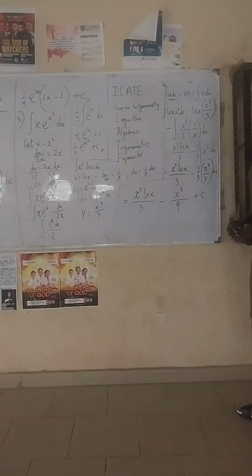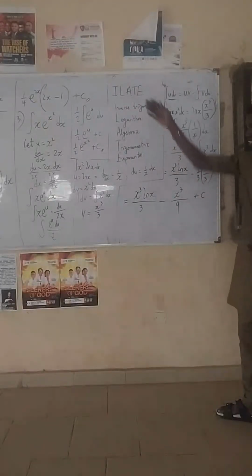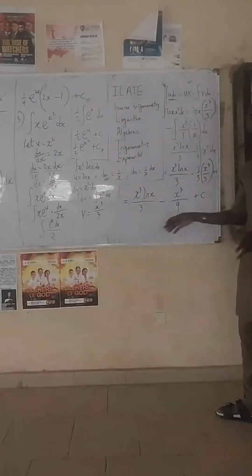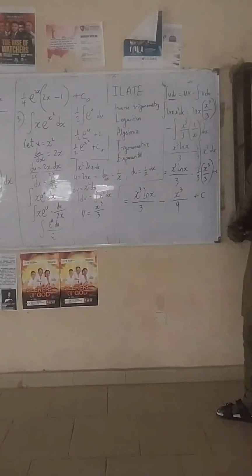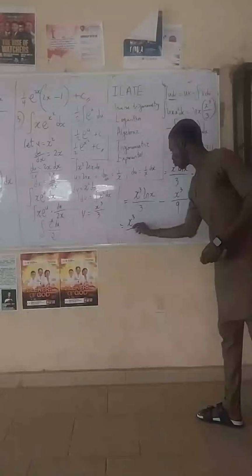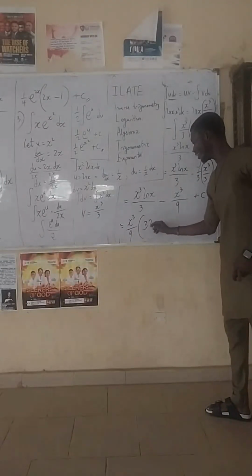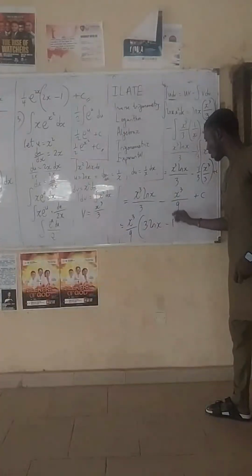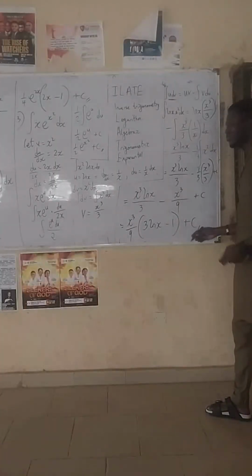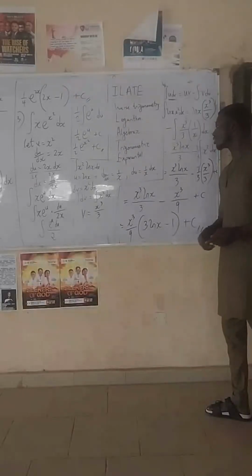Now something is common: x cubed over 9. I know it's over 3, but let's use over 9. That would be x cubed over 9 times, this one will be 3 ln x minus 1, plus c. Is it not the same thing? So this is the answer.